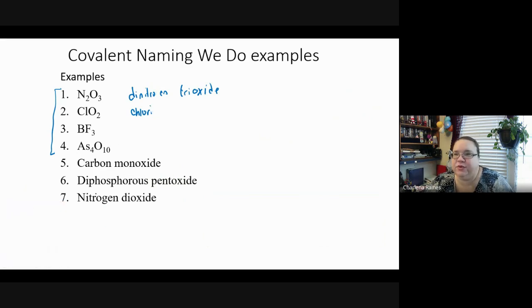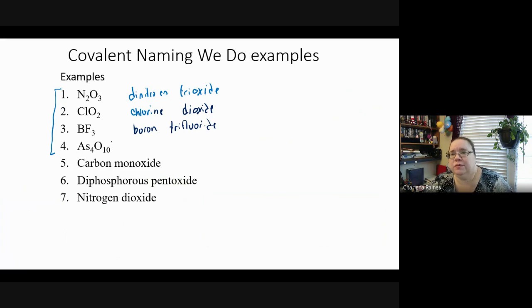I don't think that's a real compound, but whatever. Chlorine di, because there's 2, oxide. BF3, boron, tri, fluoride. Boron trifluoride.